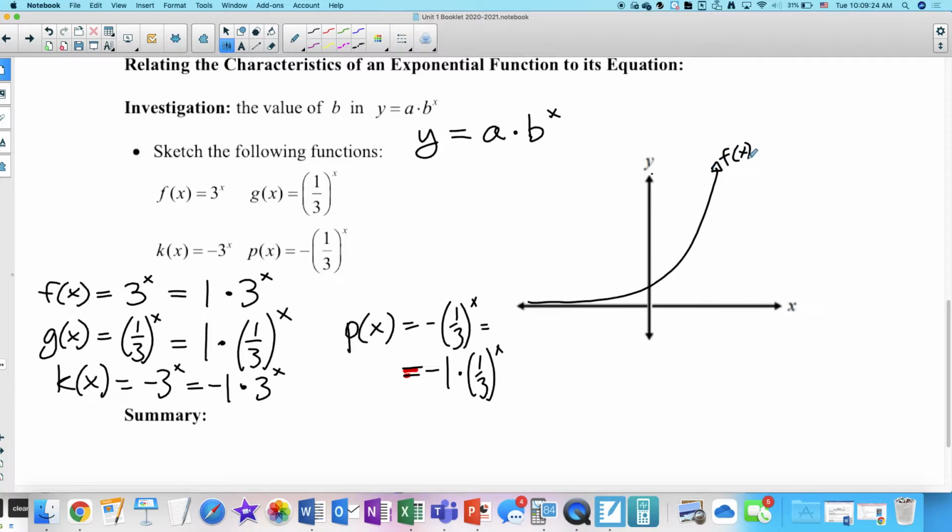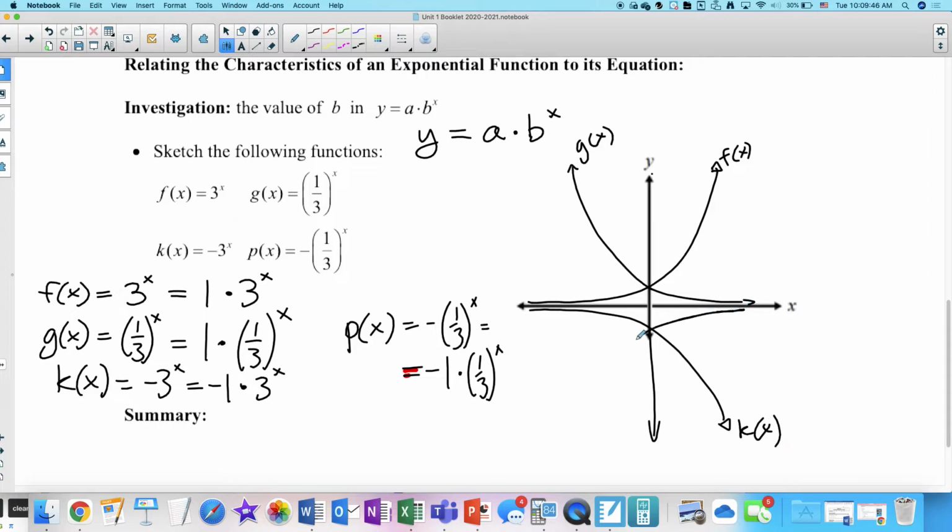This one was g of x. Okay, and then if we keep going down, k of x looks like this. And p of x looks like this.